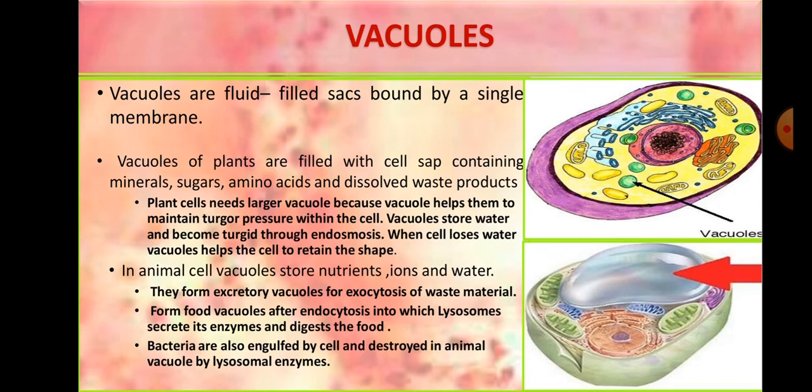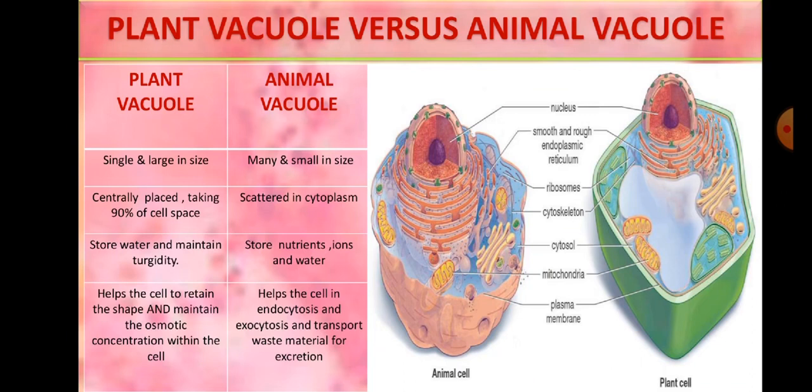Remember, they help to digest the food present in the food vacuole. And bacteria are also sometimes engulfed by the cell and are destroyed in animal vacuoles by lysosomal activity. As you can see in the picture, there is a visual comparison between the two. We are also going to do a deeper comparison between the vacuoles of the plant and the animal cell, which is here.